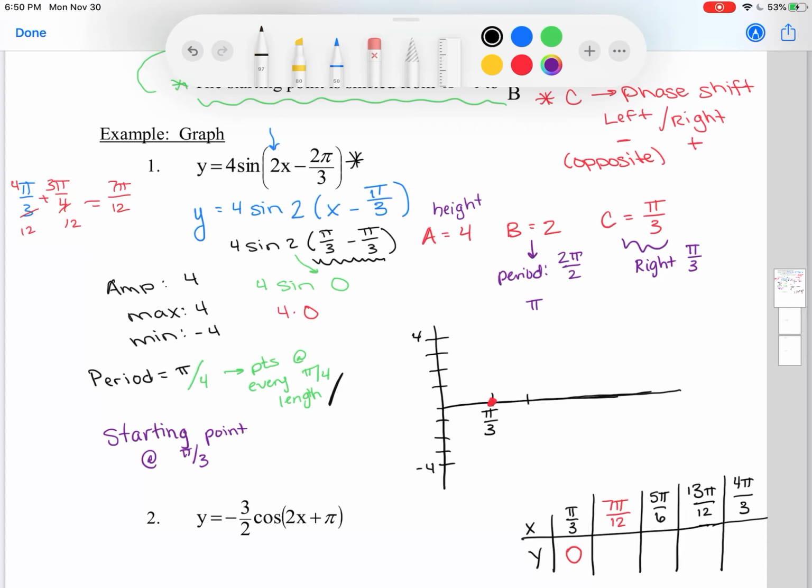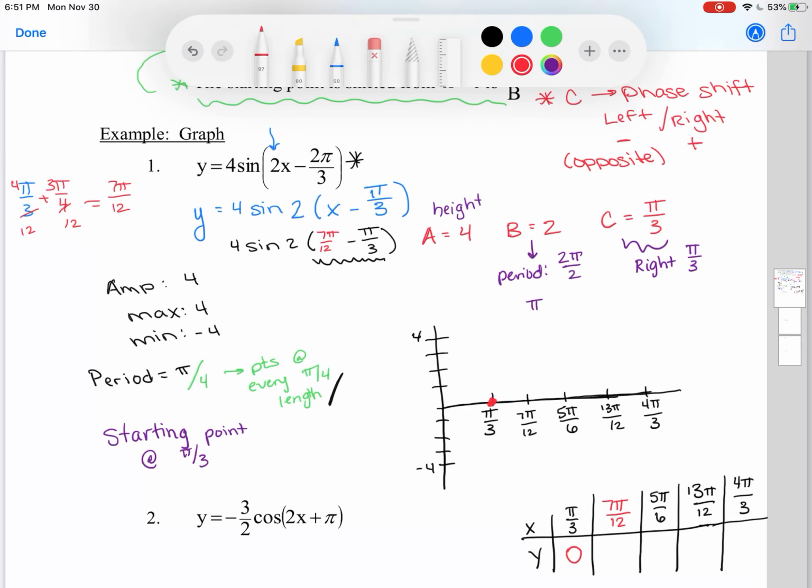The next coordinate is going to put us at 7 pi over 12. Finish labeling these here for me. And 4 pi over 3. Okay, if I plug in a 7 pi over 12, that's going to make me replace this inside value here. 7 pi over 12.